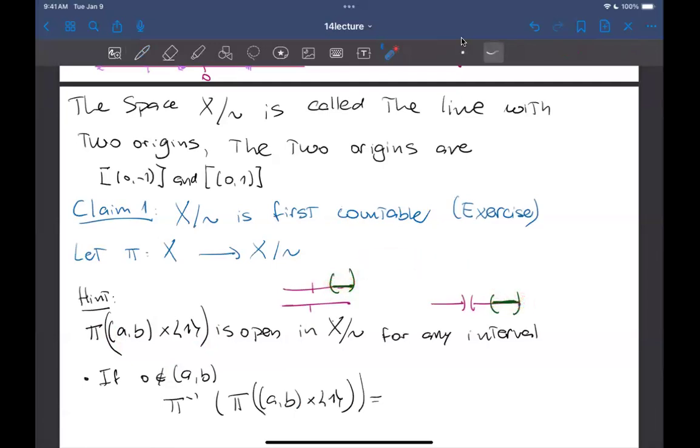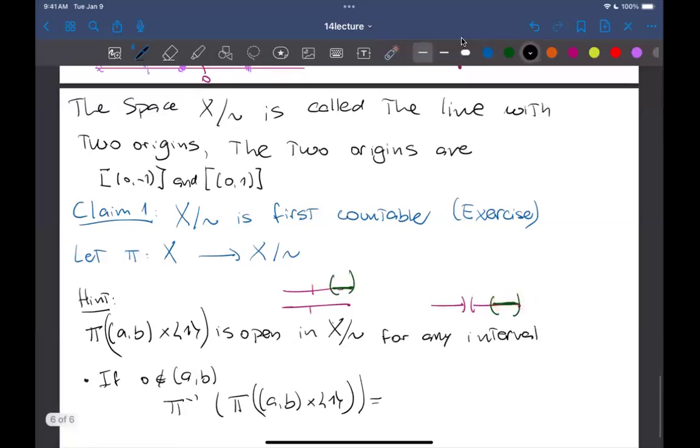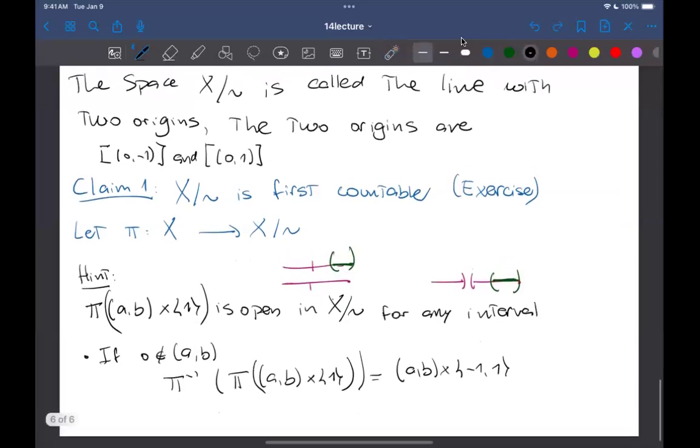What are all points in this space that will land here? Well, now you have two copies because these two points under pi, under the quotient, go to the same point. So the preimage is going to be (a, b) cross 1, but also cross -1. So you'll have both, and that's open in our X.